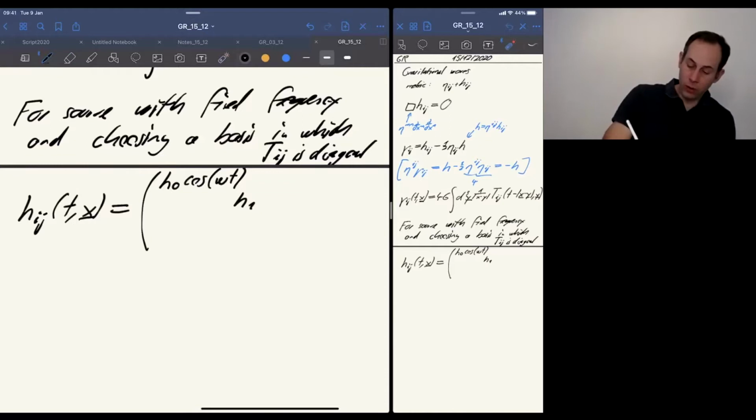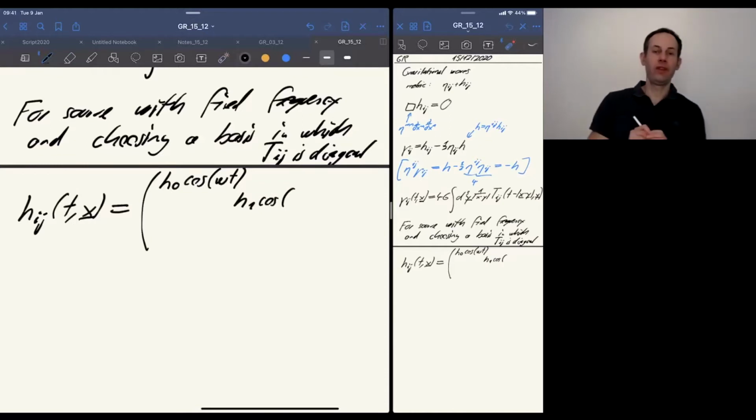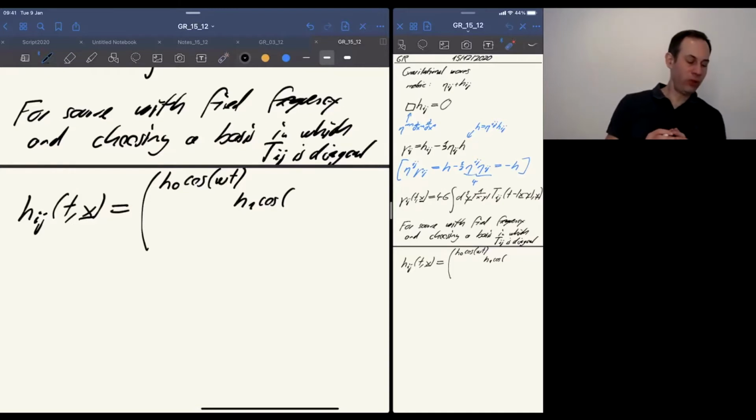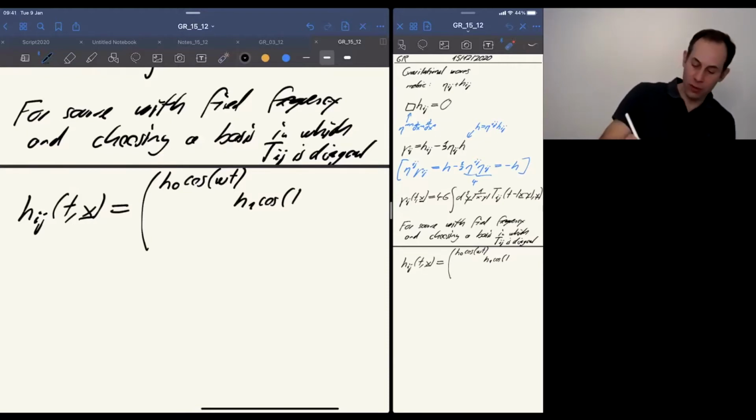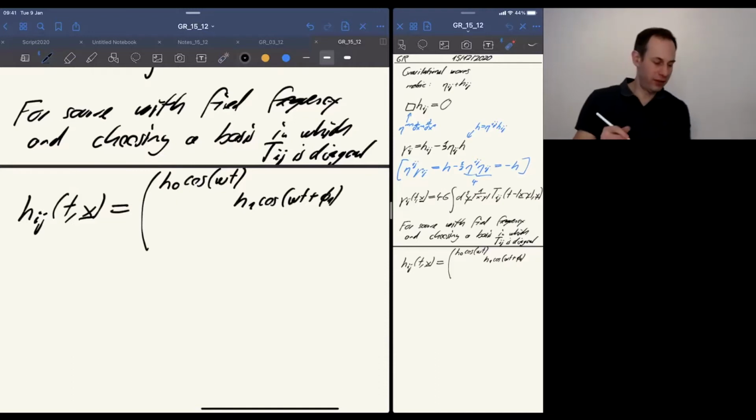Because I already chose the phase of the first one to be 0, I can no longer assume it's also 0 here. I can choose one phase by choosing the zero point of the time t, but I can only do it once. So here I still have something like omega t plus some phase, which I call phi1, some offset, which it rotates.